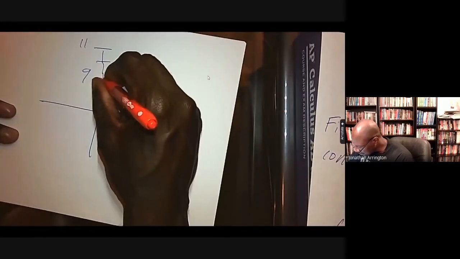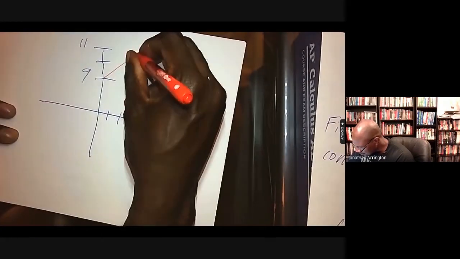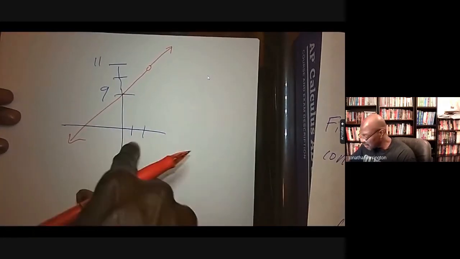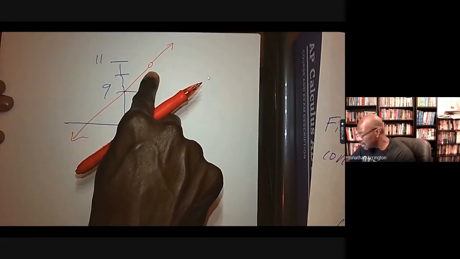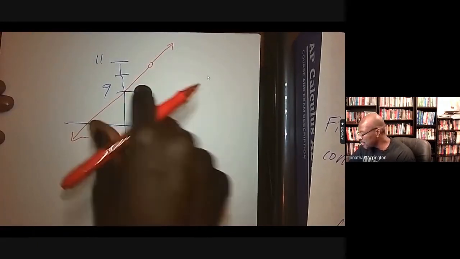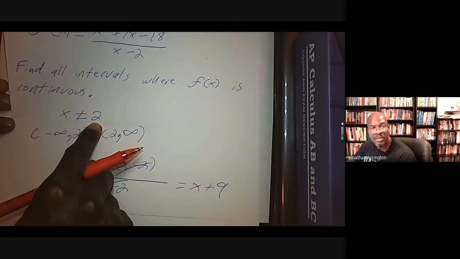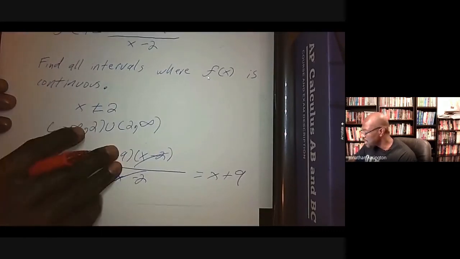So the graph of this guy looks something like that, of course. Now, again, we see a discontinuity, but however, that discontinuity is not in this function's domain because the function's domain is every number except for 2. So it's continuous on its domain.